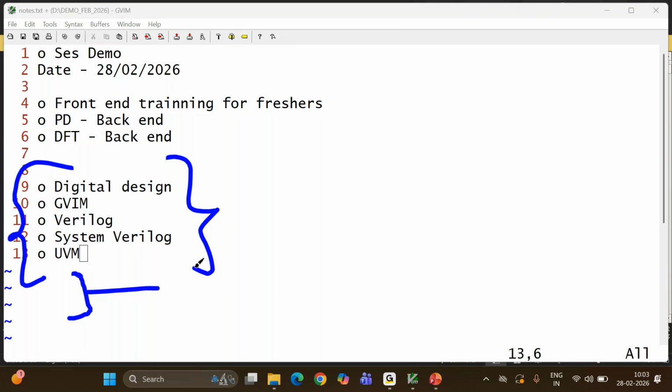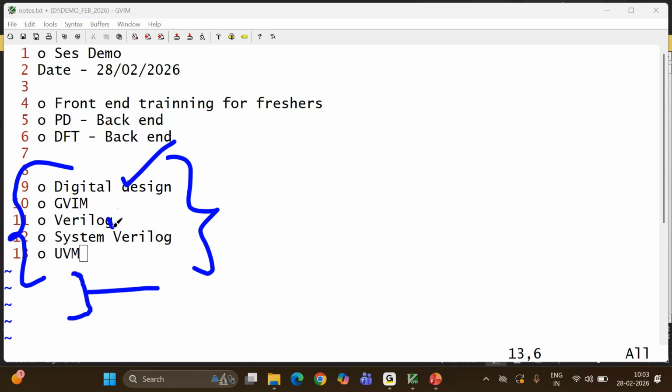To get into the job support group, you have to submit assignments for the respective subjects and score more than 75% in each subject evaluation. Meaning, digital design, Verilog, SystemVerilog, and UVM. GVIM has no evaluation, it's just a tool.